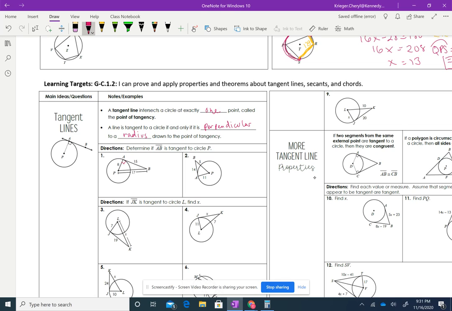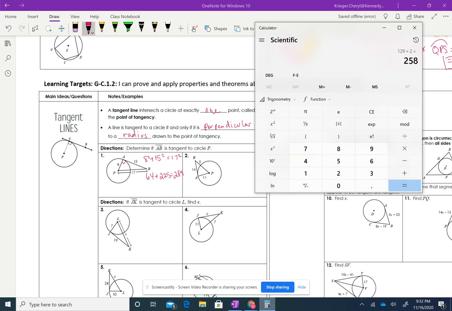So let's see if Pythagorean theorem works out. So I'm going to do 8 squared plus 15 squared equals 17 squared. Okay, 8 squared is 64, 15 squared is 225, and 17 squared is 289.